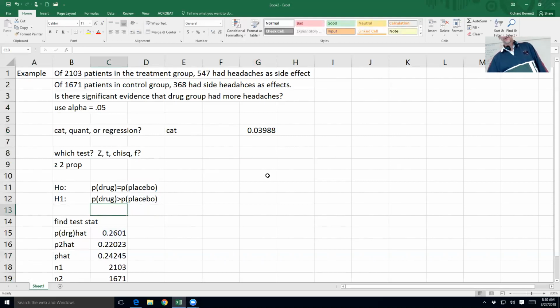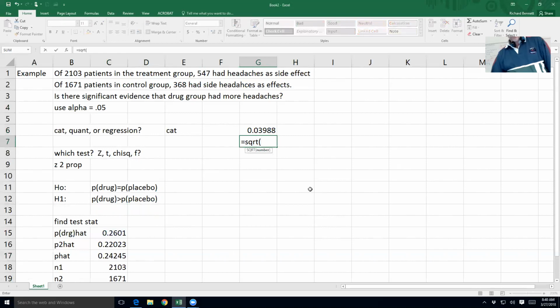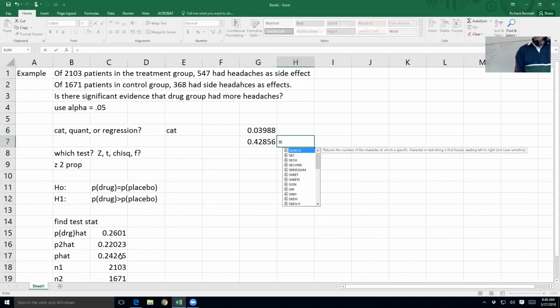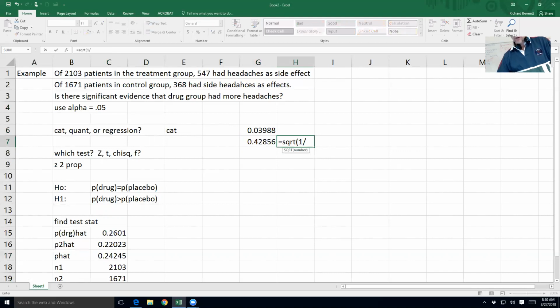In your denominator, we're doing the square root of P hat times 1 minus P hat. And that's one part. We're also doing the square root of 1 divided by N1 plus 1 divided by N2.